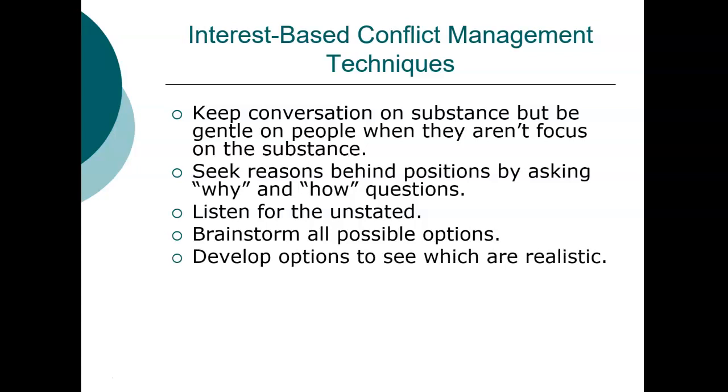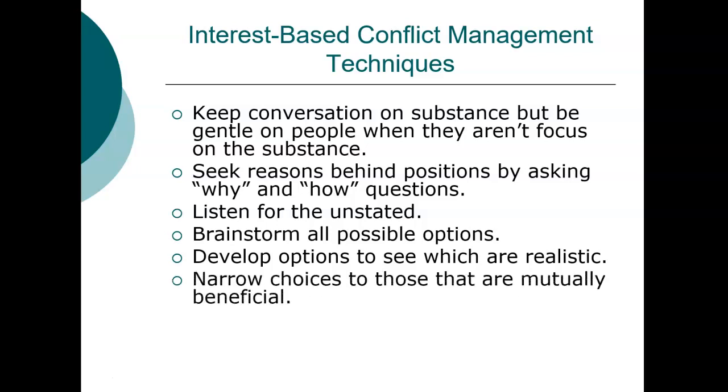Develop options to see which are realistic. As you then see a whole bunch of different solutions, different possibilities, which ones have strengths and which ones have weaknesses? There may be several that are realistic. So you're going to have to choose which one is going to be pursued, which has maybe the best chance of dealing with everybody's interest. Narrow choices to those that are mutually beneficial.